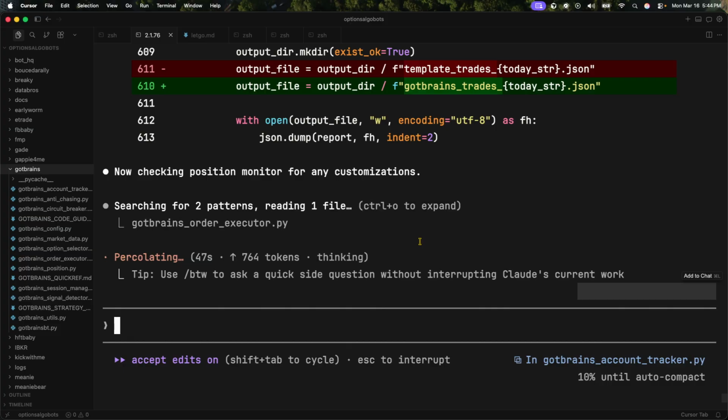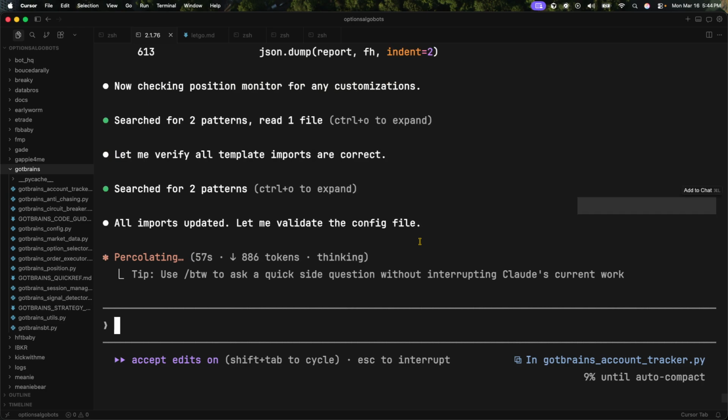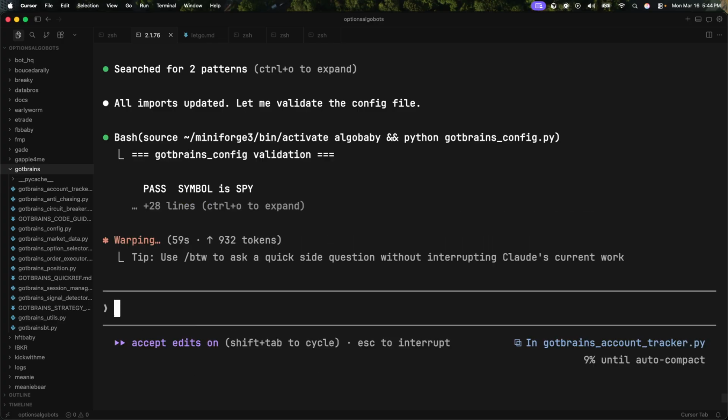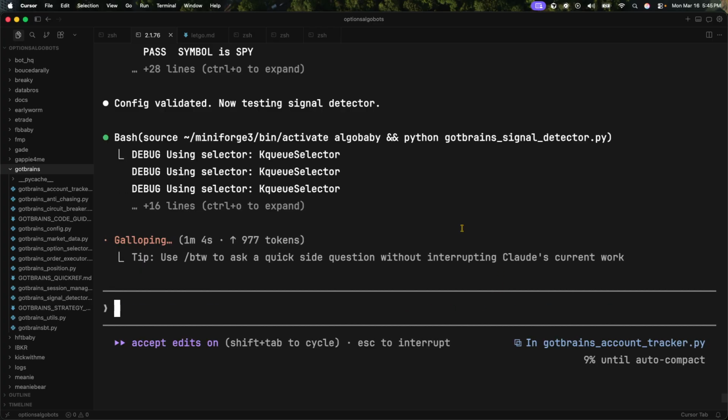Let me check the position monitoring for any customization. Verify all template imports are correct. Oh, bet, you already running it in the Algo. All right, bet. I did the same thing. What does that mean?